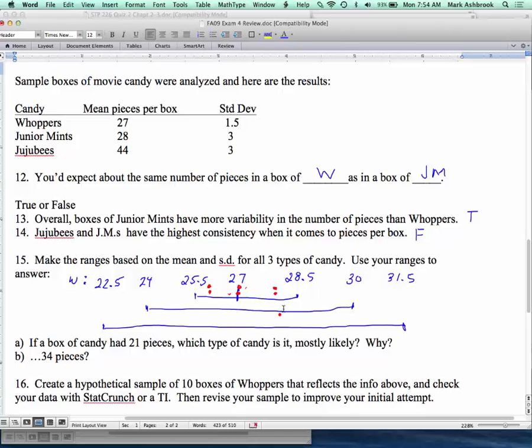And then since there were only 4 left, we just did 1 within each, or 2 for the next standard deviation. So what'd you do? We did 25 and 29, and then we did 23 and 31.